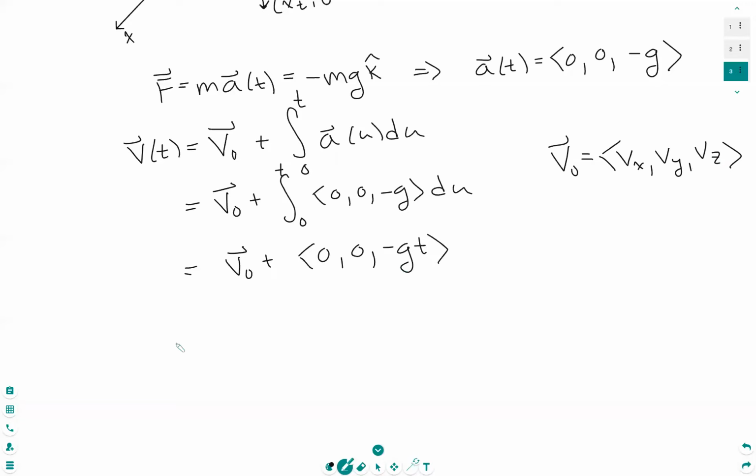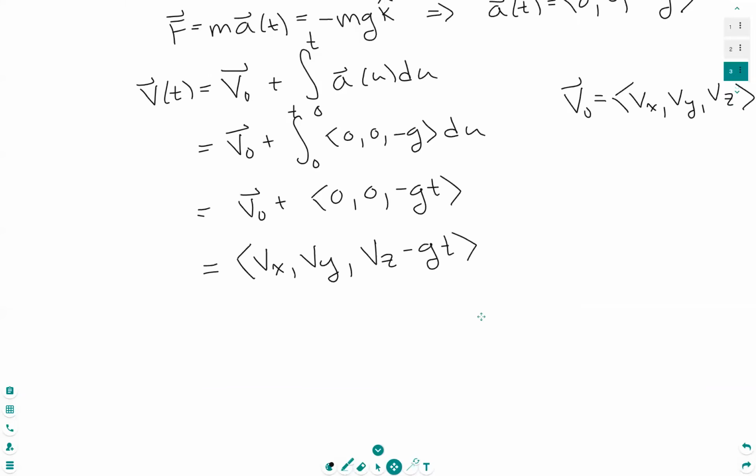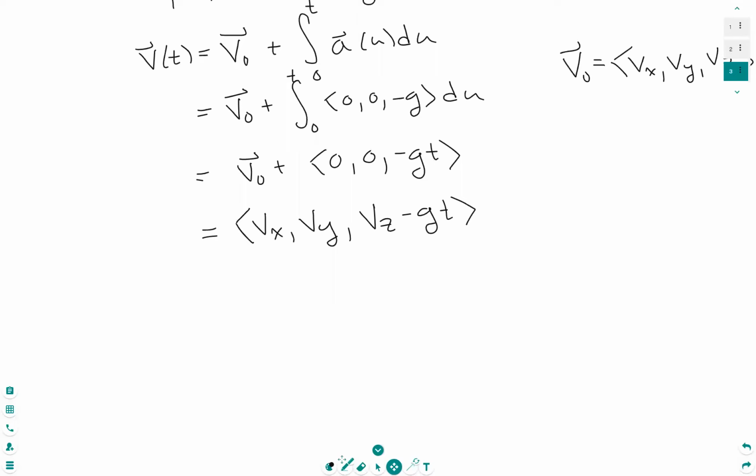Okay, so that means that we can write this as the single vector vx, vy, and vz minus g times t. So if I find vx, vy, vz all together, I'm done.